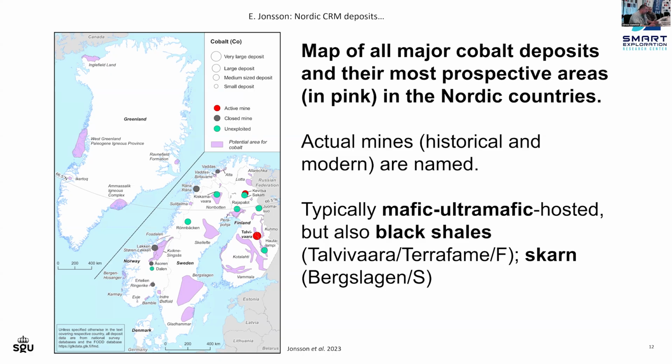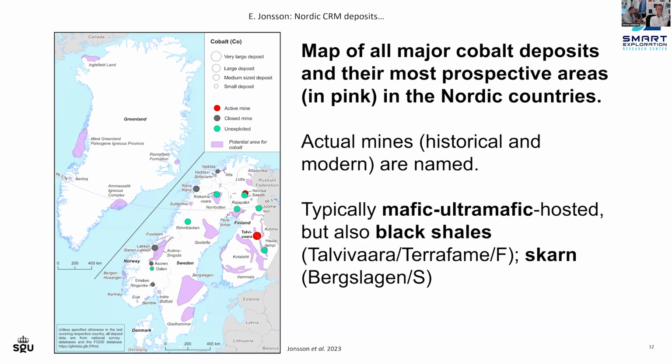Very significant. Typically, all of these deposits, both the unexploited ones, you can see here in pink, as in all of the following maps as well, are where we find potential exploration areas for the particular CRM.